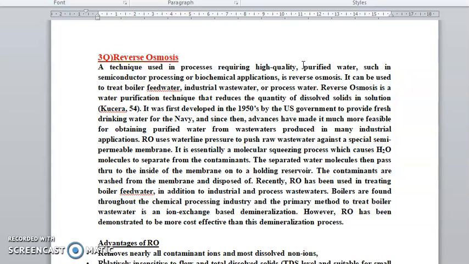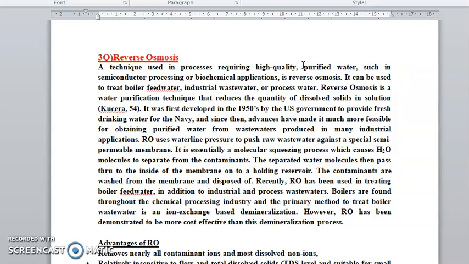It was first developed in the 1950s by the US government to provide fresh drinking water for the Navy, and it was then advanced to make it much more flexible for obtaining purified water from the wastewater produced by industrial applications.